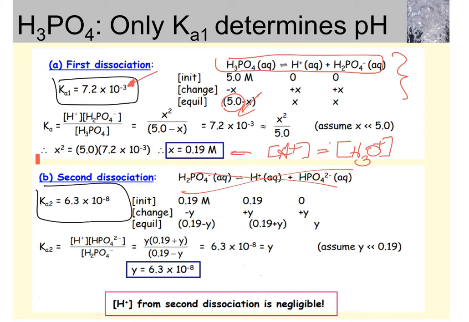Let's go ahead and do a separate ICE table. Let's say that we didn't know for sure if we could ignore the contribution of the second ionization for phosphoric acid, and we want to know if the hydrogen formed from that contributes to pH at all. So we go through another ICE table, and I just want you to see how the second ICE table is set up.